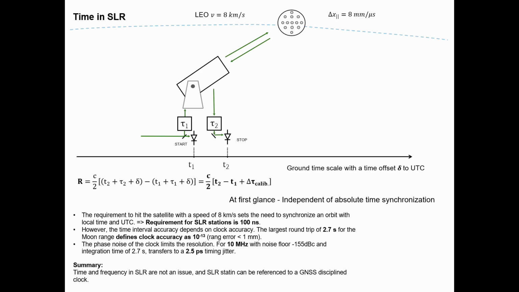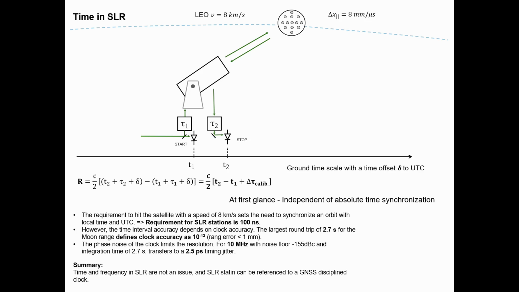And while we are time tagging the epochs to the same local time scale, the absolute time scale difference to some universal time scale actually disappears from the observation equation. The delays inside the telescope we can measure with some local ground calibration. And at first glance it seems that for SLR we do not need any absolute time scale synchronization. But let's look at this more in detail.